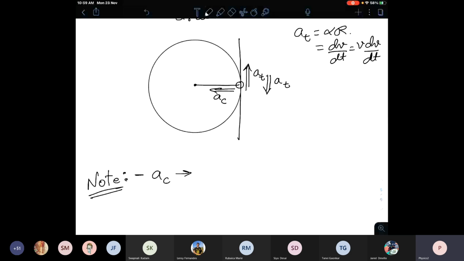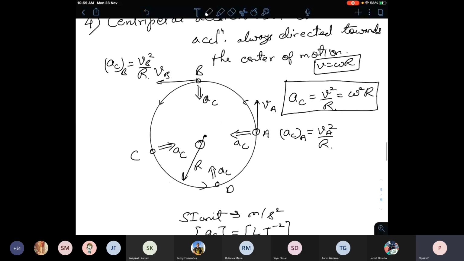When I drew centripetal acceleration, I was not at all interested in the direction of motion of the particle. It can be clockwise, it can be anti-clockwise, it can be anything. Its velocity may be increasing, its velocity may be decreasing, but the centripetal acceleration will always be there.